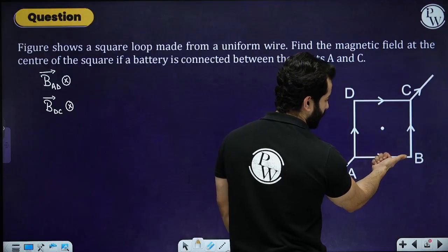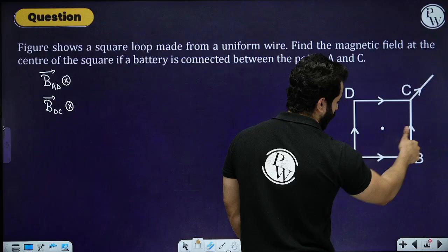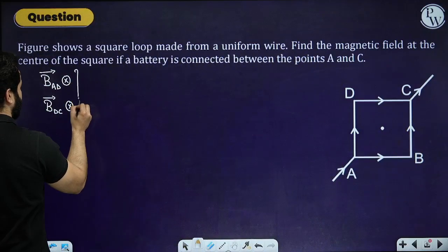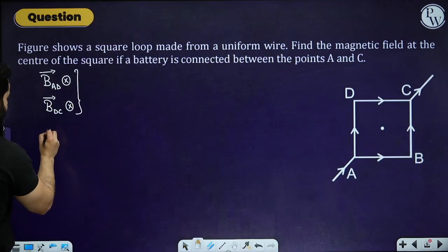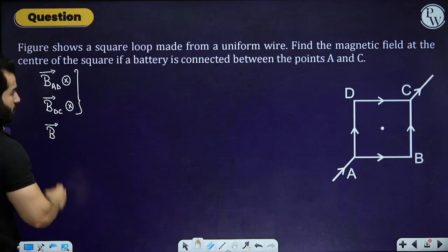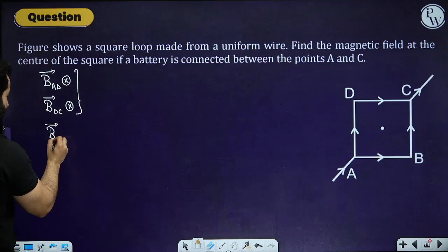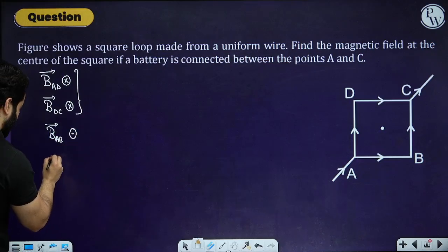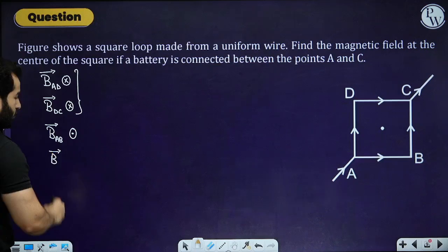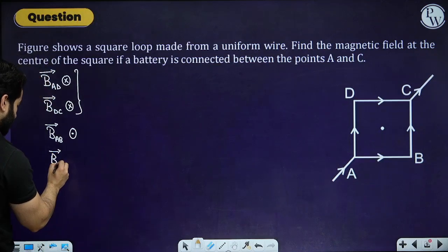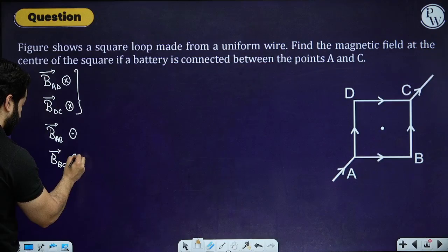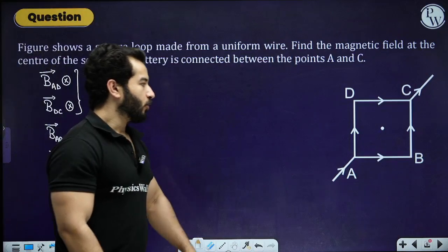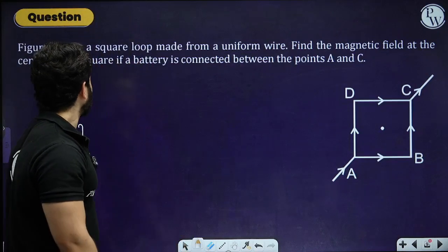For this one, thumb in this direction, open your fingers like this, dot, dot. So these are going to add up, and magnetic field due to AB, this will be dot, and magnetic field due to BC, this will be dot. So these are going to add up, right? Hopefully everything is clear till this point.